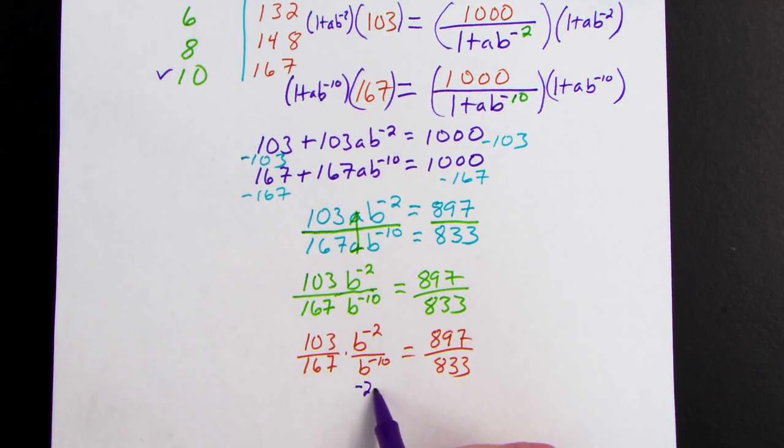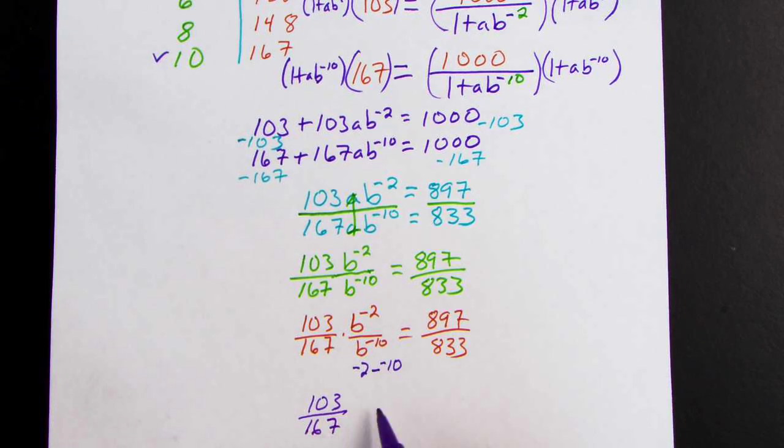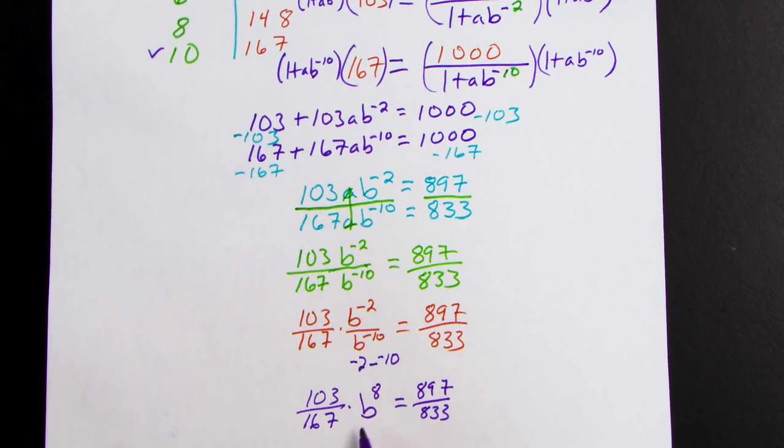So I'm going to do negative 2 minus negative 10. And that's going to give me 103 over 167 times b to the positive 8 equals 897 over 833.